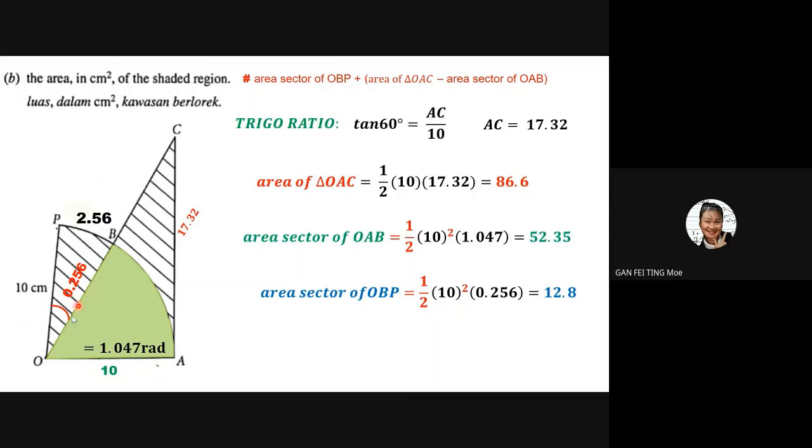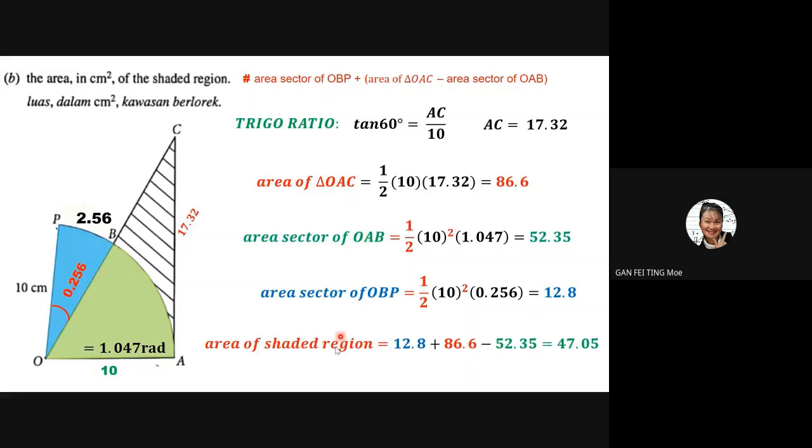Bahagian ini pula yang warna biru. Half r squared times the angle in radian. So 12.8. So dah dapat ketiga-tiga, what you do? Sub dia ke dalam what you have planned just now. Area of shaded region: 12.8 plus this one 86.6, which is your triangle, and minus the sector. So press this calculator, you will get this as your final answer.